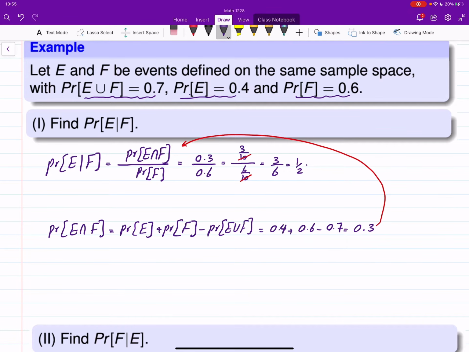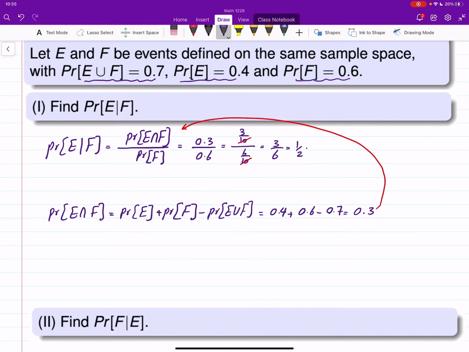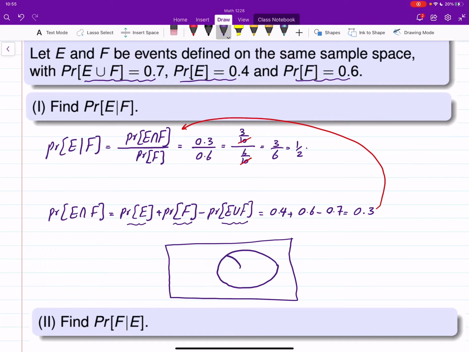And by the way, when you do this work for the intersection, now you have the probability of the union, F, and E, and you can actually find all the probabilities you're looking for, because now I can complete my Venn diagram. So this is E, this is F. I know that the intersection is 0.3.